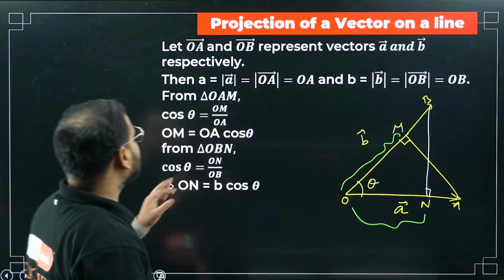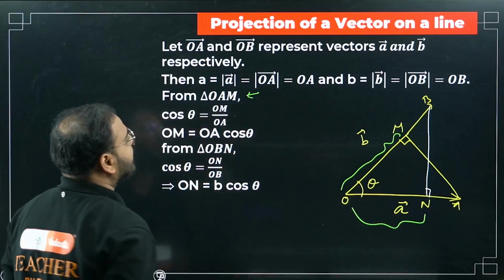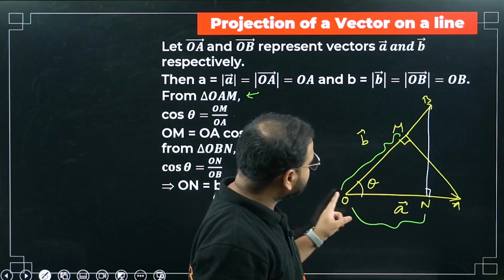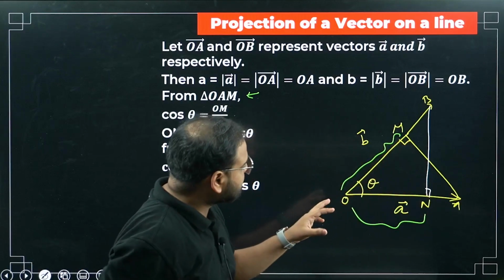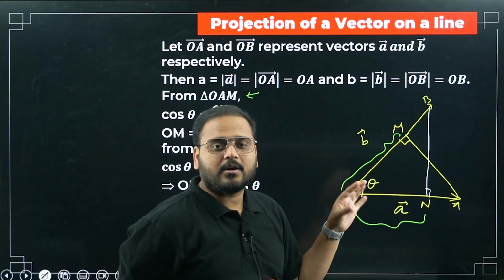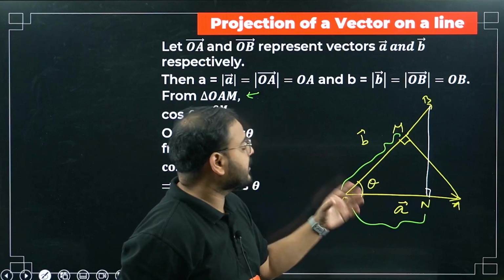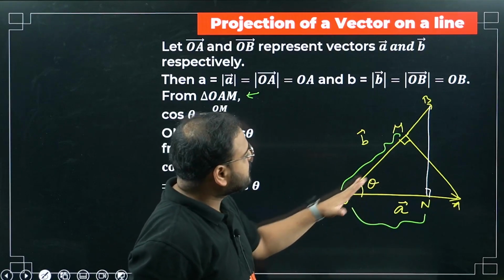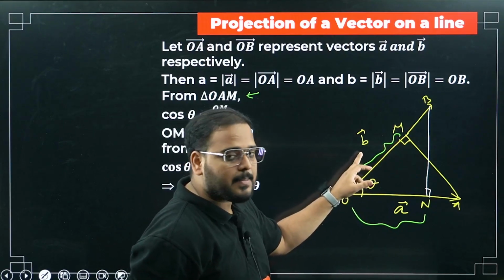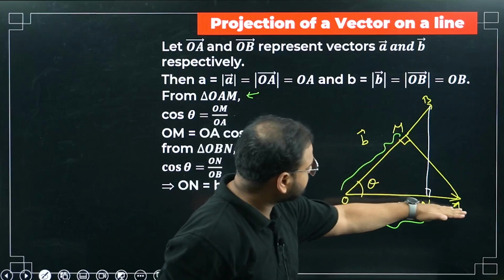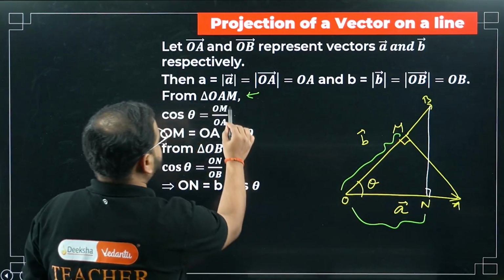Now if you see in triangle OAM, what's the cos theta value going to be? Adjacent by hypotenuse. What is adjacent? OM. So OM upon OA, please check.